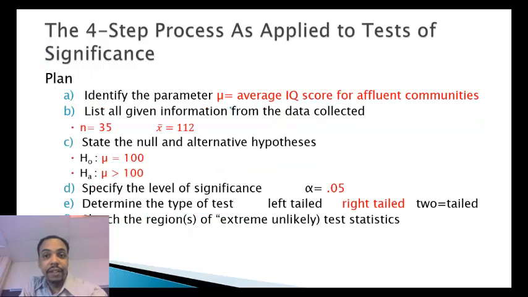Now the plan. If mu is the average IQ score for persons from affluent communities, then part B lists the information that's provided. So the sample size is 35. The sample mean is 112. The population standard deviation was 15, I believe. Yep. So again, I'm just using the plan part to organize all of the information.